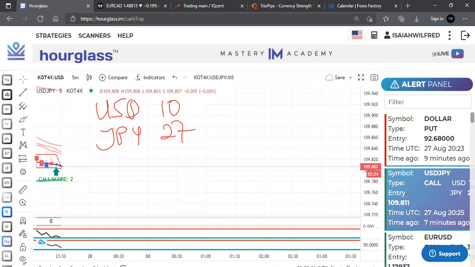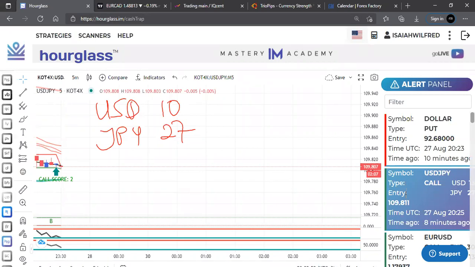JPY. So now, who do you think is going to win? JPY is supposed to win. They are doing a tug of war. USD is trying to drag the market to the top because it's on top. JPY is trying to drag the market to the bottom because it's at the bottom.